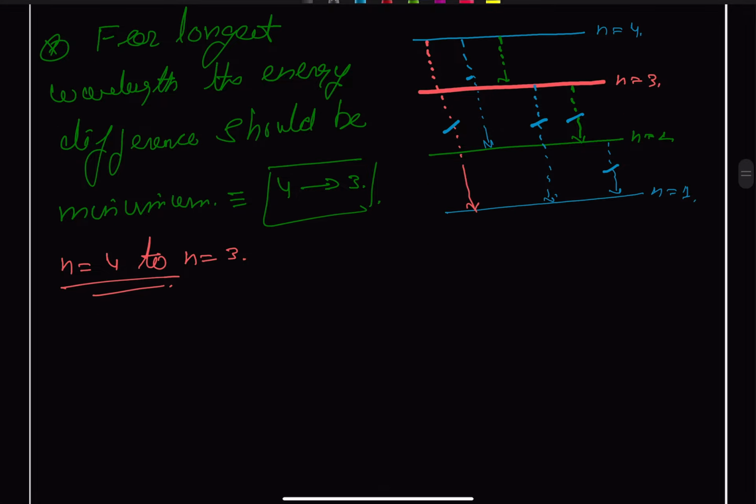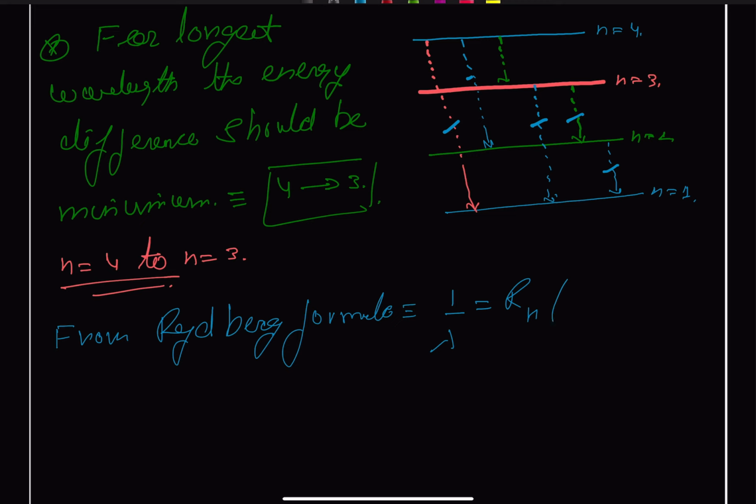So from the Rydberg formula, we have 1 upon lambda is equal to RH, that is a constant, into 1 upon n1 square minus 1 upon n2 square.